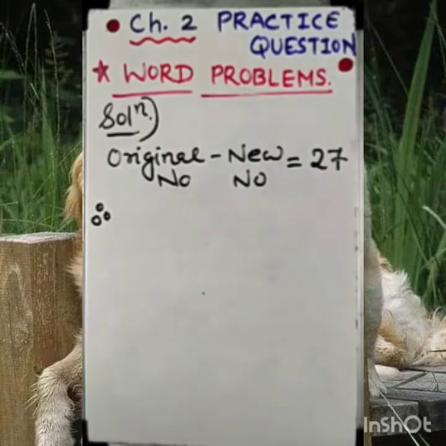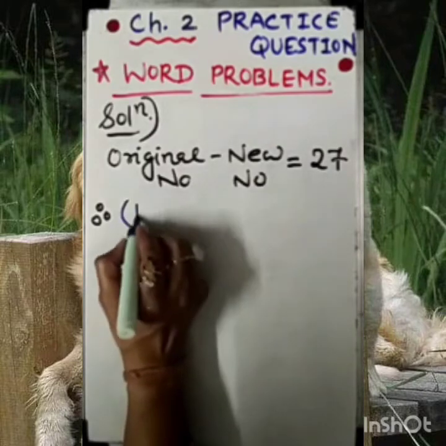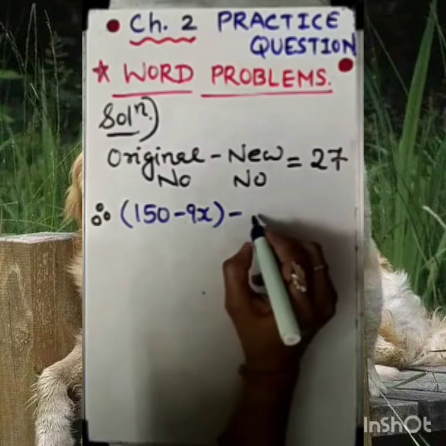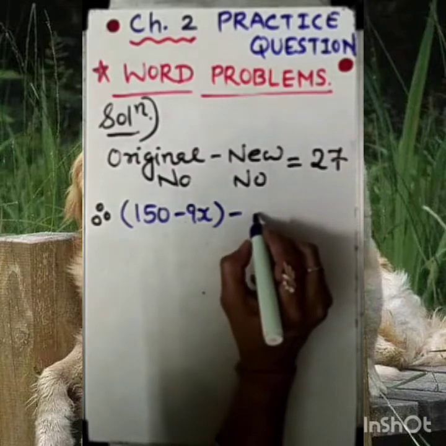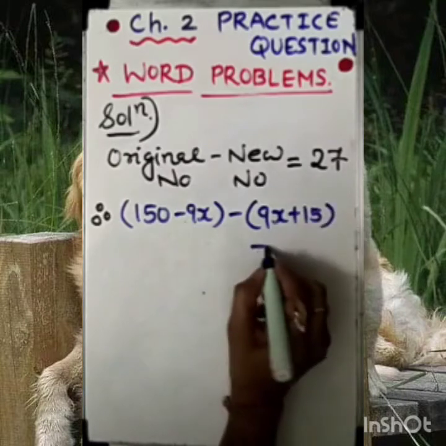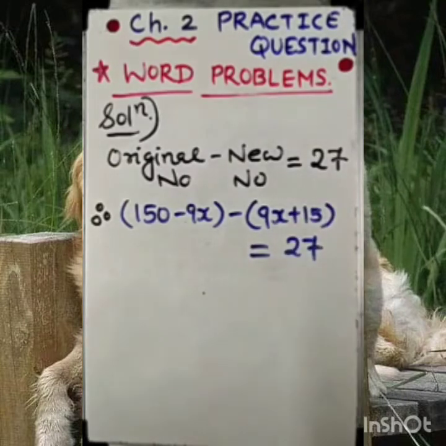Therefore, let's note down what was our original number. Our original number was 150 minus 9x. Fine. What was our new number? The new number was 9x plus 15. So let me note down that the difference is equal to 27.